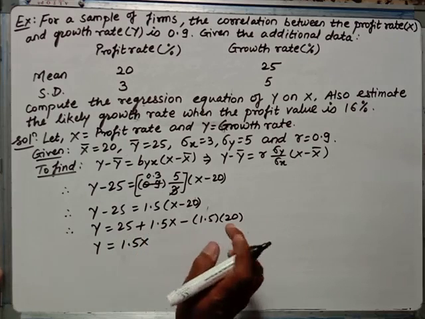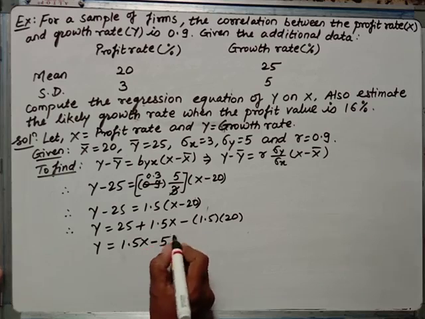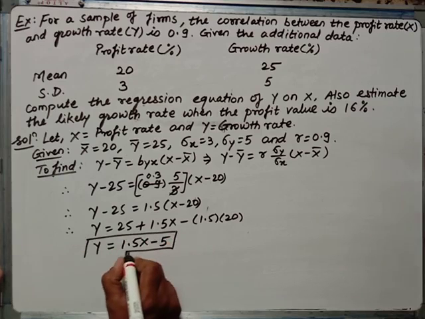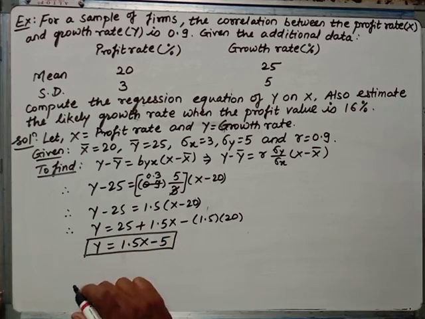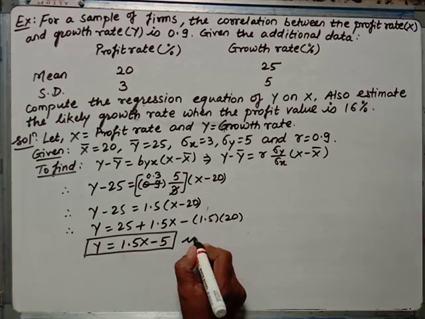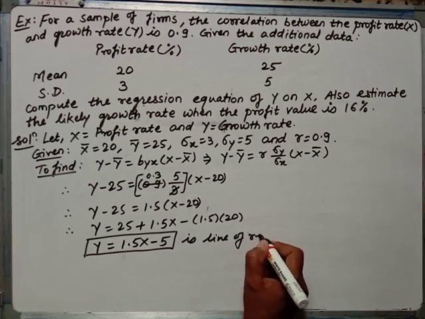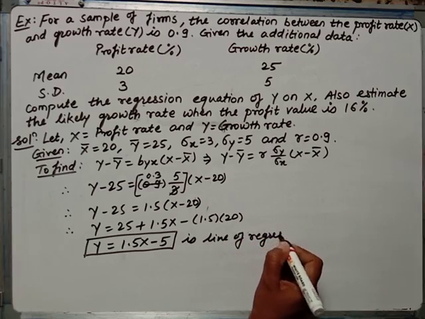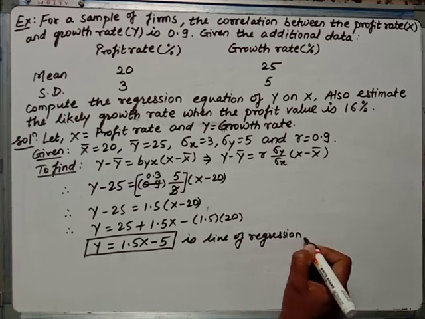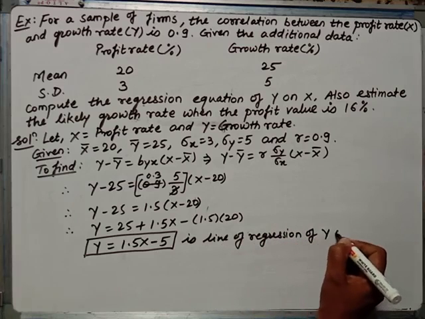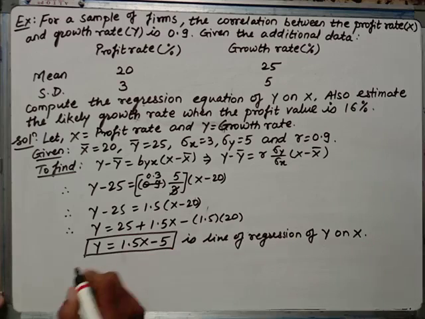And 25 minus 30 will be minus 5. So minus 5. This is the equation of regression line of y on x.